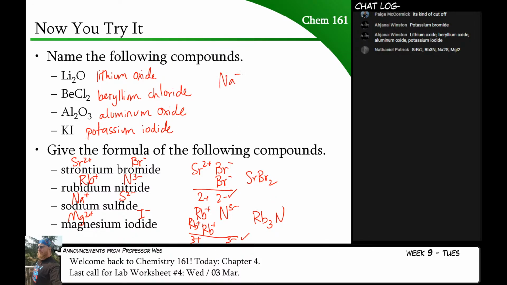We'll work up here, I guess. And then for the last one, for magnesium 2 plus and iodine minus, we just need another iodine. There you go. So those are the answers. You had them right. Good work.